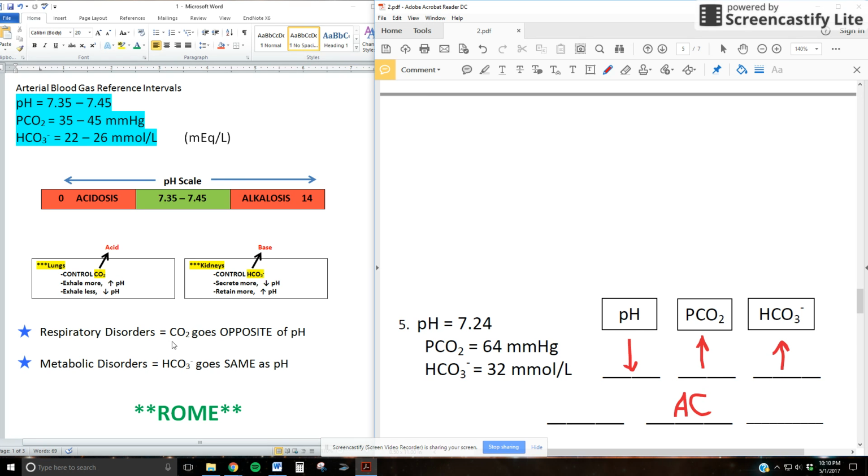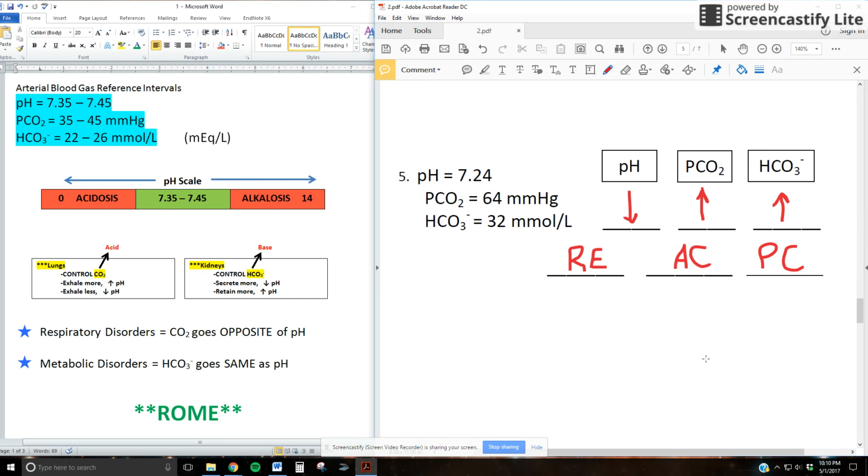Well, remember respiratory CO2 goes opposite of pH, but metabolic is the same. The pH is decreased, the PCO2 is increased. So we know it has to be respiratory acidosis. If the problem's respiratory, the body's going to try and compensate with the kidneys, and it's not back in the normal range, so it's partially compensated.